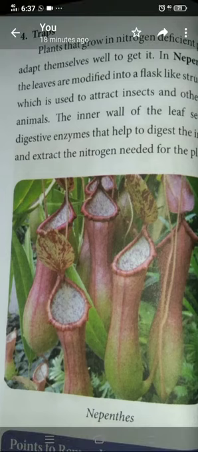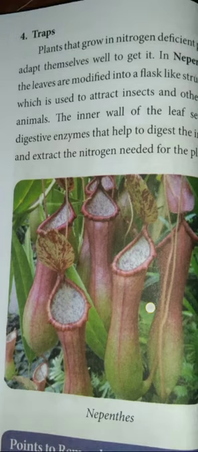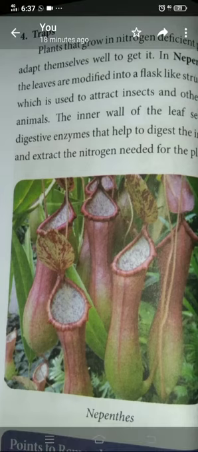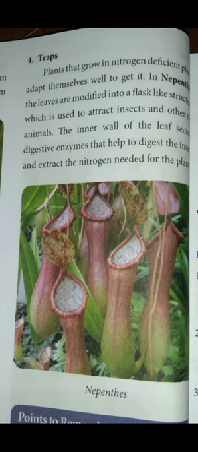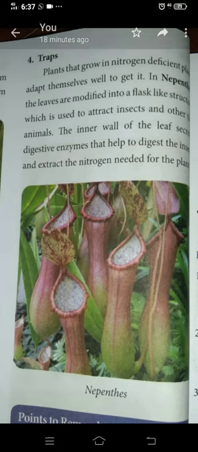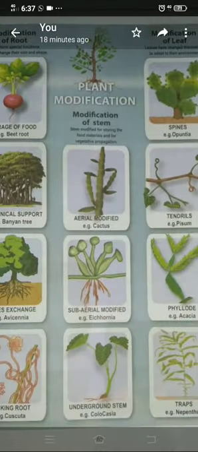So it eats the insects and gets nitrogen from them. So the flask-shaped structure is modified. After eating the insects, inside the pitcher there are digestive enzymes, and it fulfils the need for nitrogen.